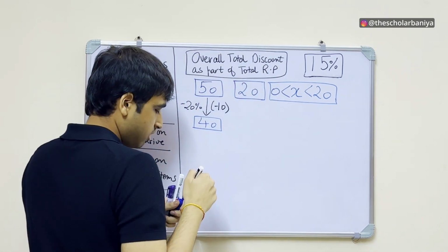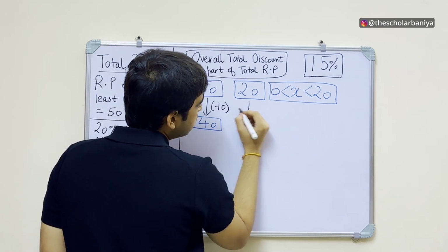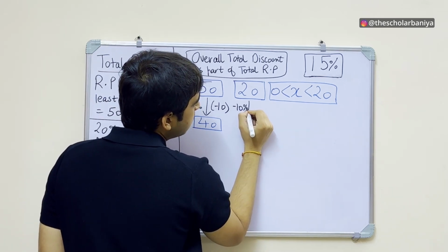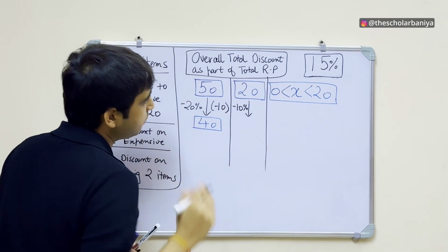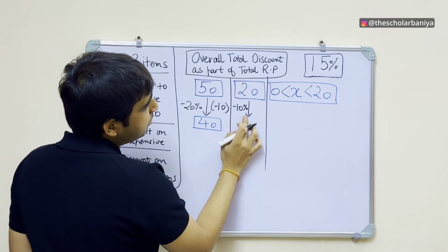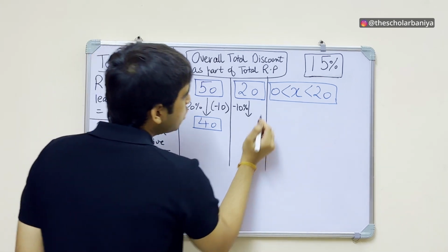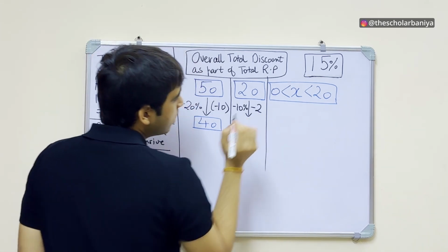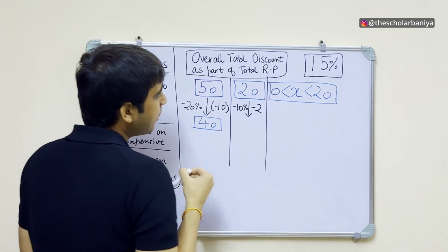So minus 10%. I can just draw a line just to avoid some confusion. So what is 10% of 20? 10% of 20 is $2. So minus 2. That means the discounted price of this will become how much? 18.